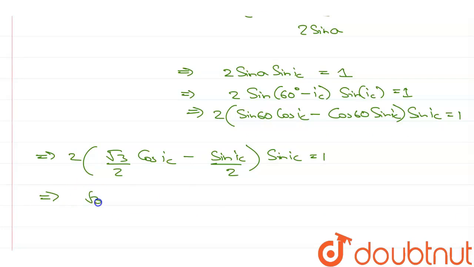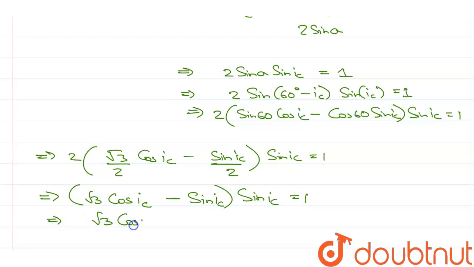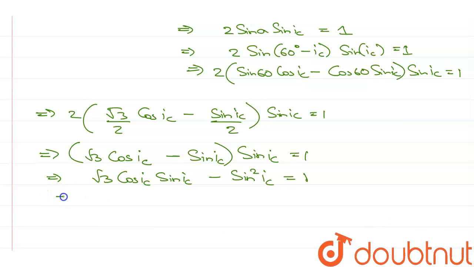which means root 3 cos IC minus sine IC times sine IC is equal to 1, which means root 3 cos IC sine IC minus sine square IC is equal to 1, which means root 3 cos IC sine IC is equal to 1 plus sine square IC.